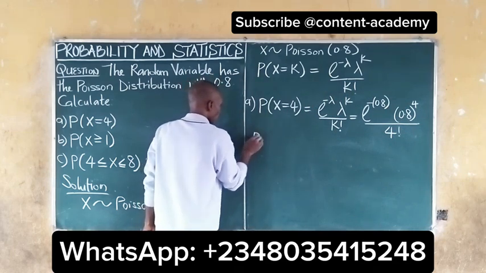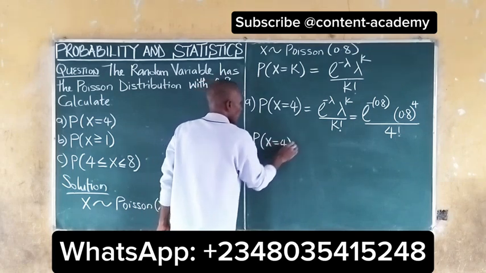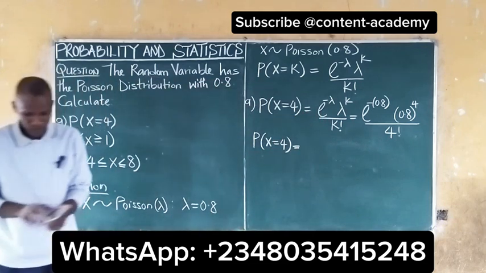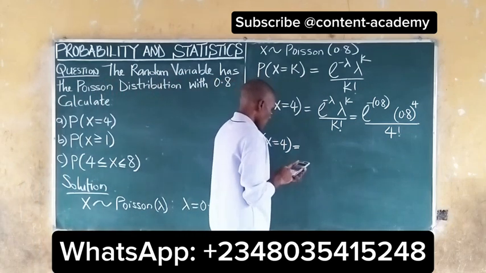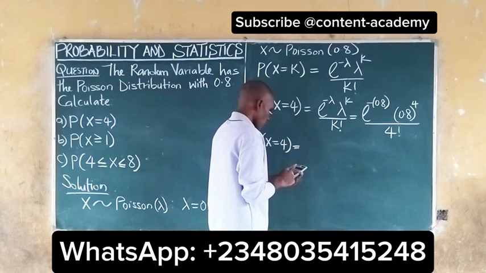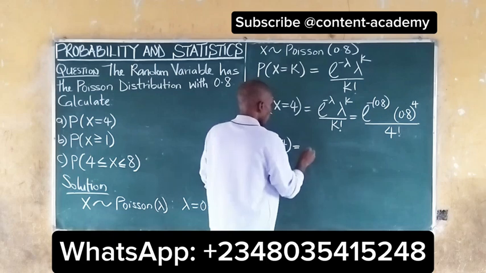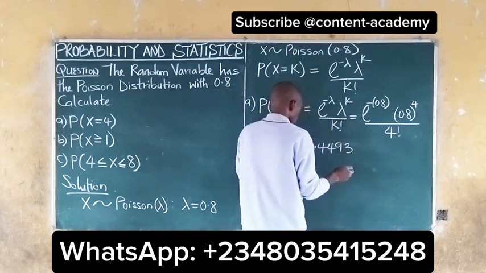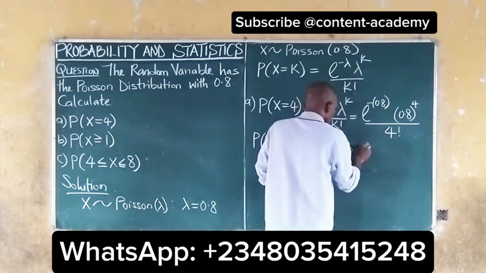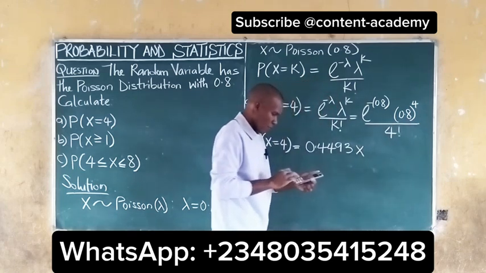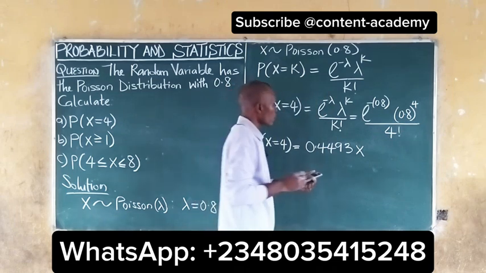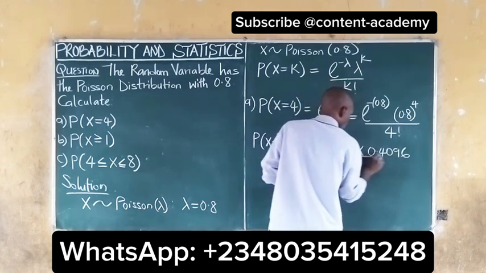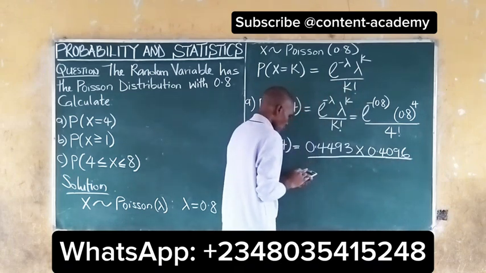So the probability that X is equal to 4 is equal to, now what is exponential negative 0.8? Exponential negative 0.8 will give us 0.4493, multiplied by 0.8 raised to the power of 4, which is 0.4096, all over 4 factorial. 4 factorial is 24.